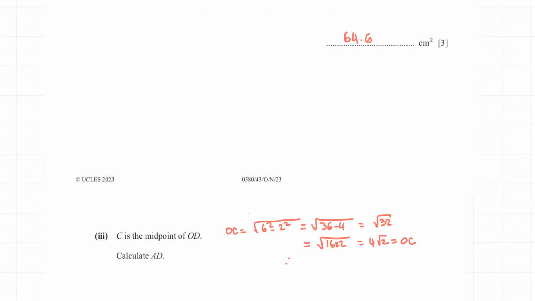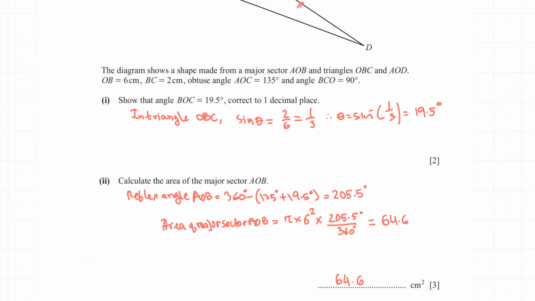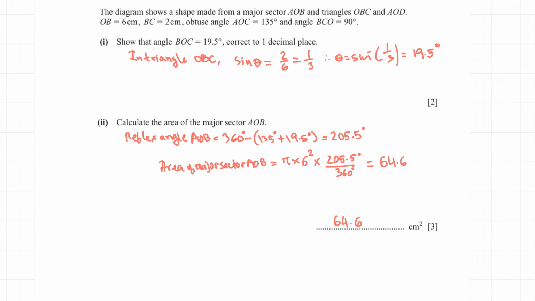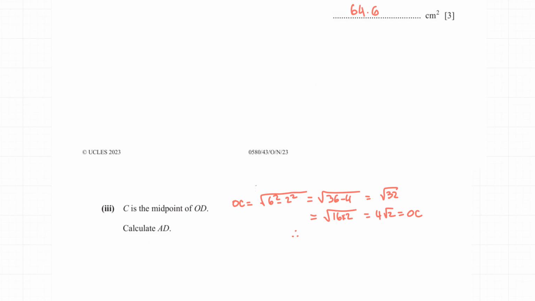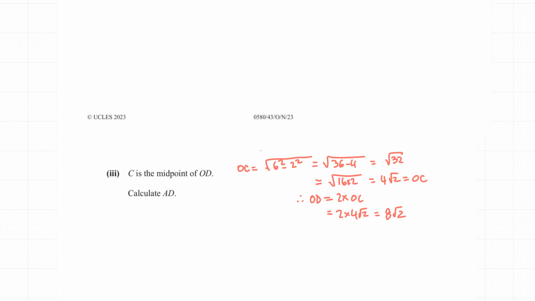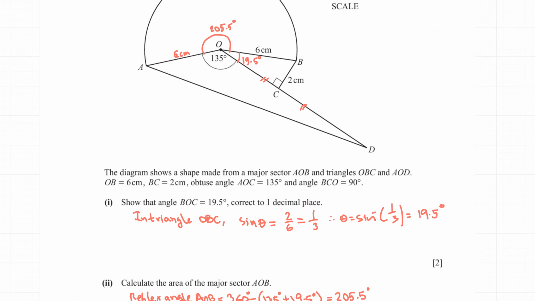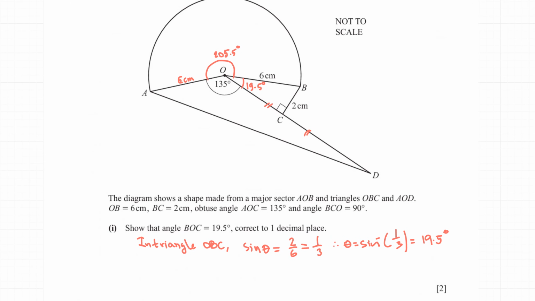So therefore, we now need to look at what OD is. OD will be double of that. So OD is equal to 2 times OC, that is 2 times 4 root 2, that is 8 root 2. So now to find AD, we know that this is OD.